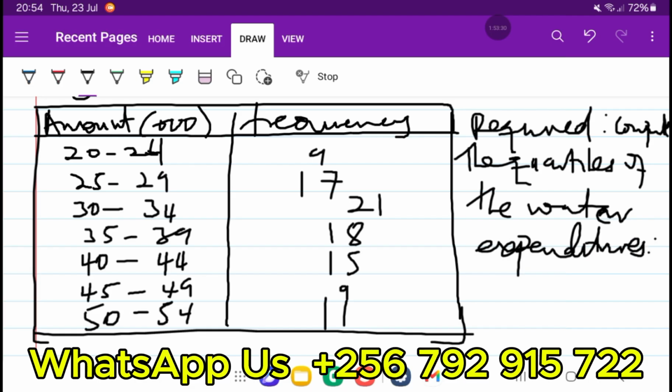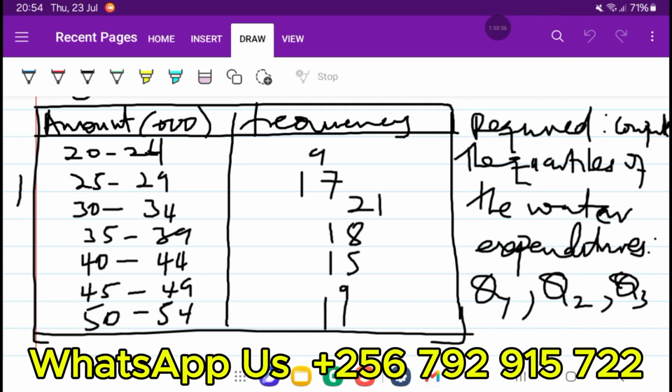So we are computing the Q1, Q2, and then Q3. So let's go to the solution and we try to see what we have.